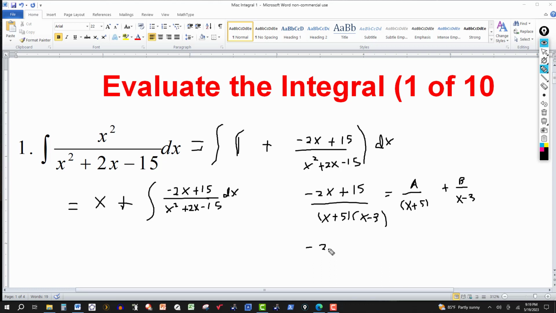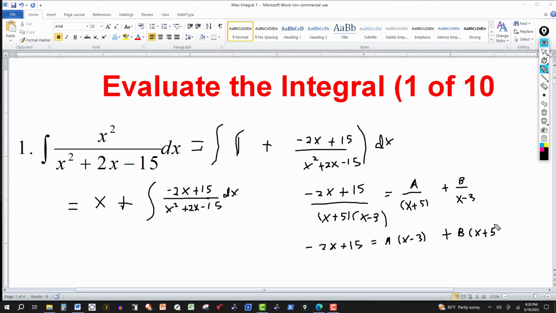So a couple of ways to do this, but we just do it this way: minus 2x plus 15, and we multiply through by the common denominator, x plus 5, x minus 3. So that'll clear the denominator on the left side. On the right side, this would give me an a times x minus 3. The x plus 5 would cancel, and then for the b, the x minus 3 would cancel, giving me x plus 5.